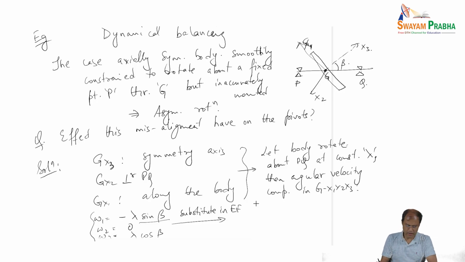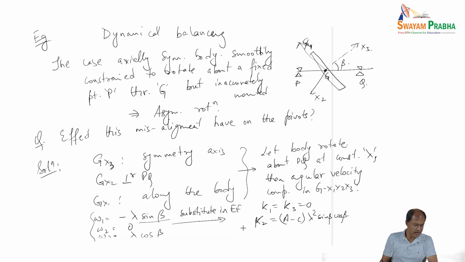Since this is a free motion of the body, we have k1 equal to k3 equal to 0, but because this moving object is pivoted so that it moves in the plane x1 x3, we must have the second component of the torque, k2, to be non-zero. It comes out to be minus c times lambda square sine beta cos beta.